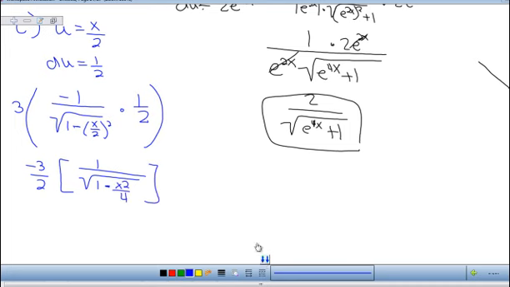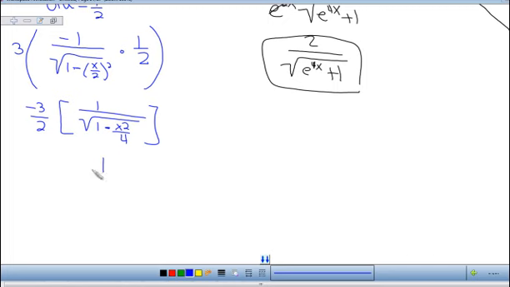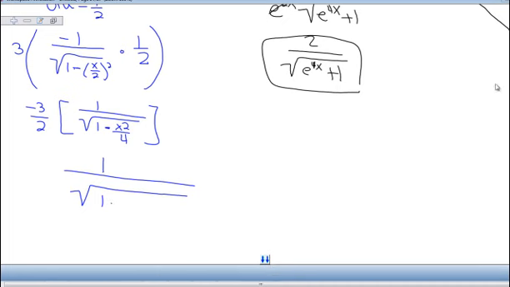Okay, I can't leave it like this. I have to find common denominators. 4 minus x squared over 4.